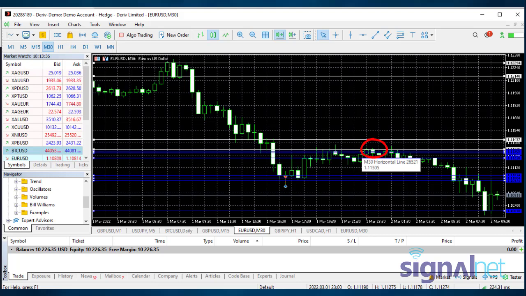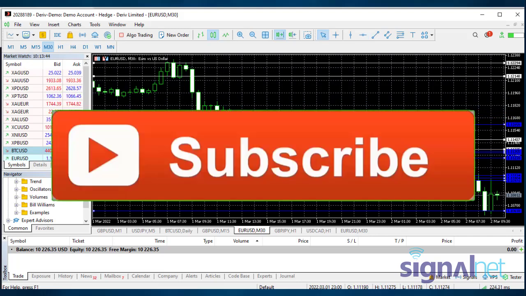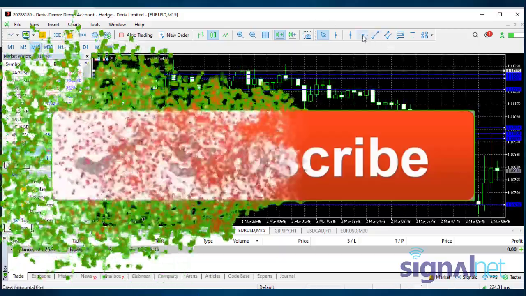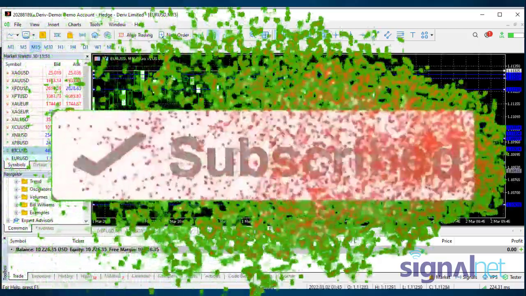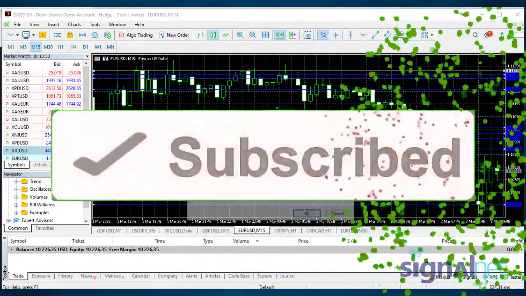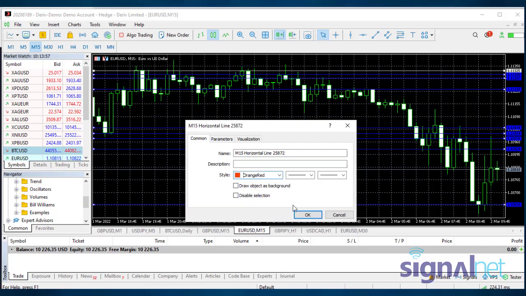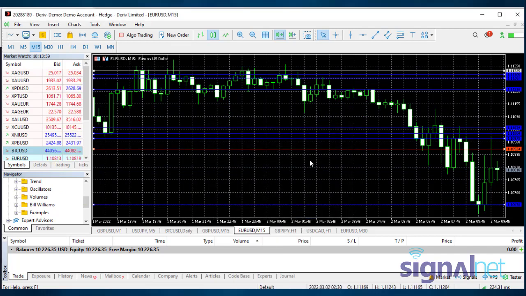Okay, so I guess these are like the obvious 30 minutes I'm seeing. Okay, then I move to 15 minutes. For 15 minutes I use orange color most of the time. So I change the properties, I look for orange, which is usually around here. This is just my preference anyway, so that I can easily know when those levels are breached.